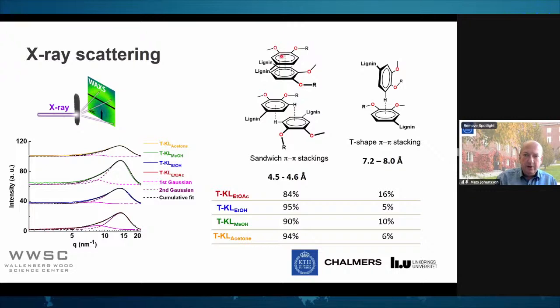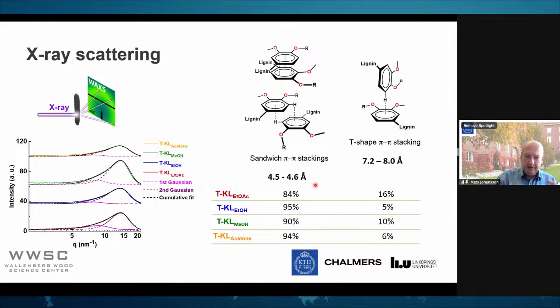And we correlate that to what has been proposed in the literature, the possibility of having some type of pi-pi stacking or other stacking structures. So what we see is different distances. We got this short distance of 4.5 angstrom and somewhat longer distances. And this 4.5 angstrom we correlate to pi-pi stacking.